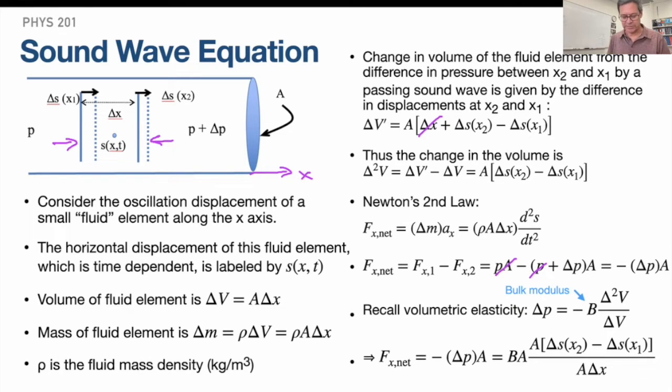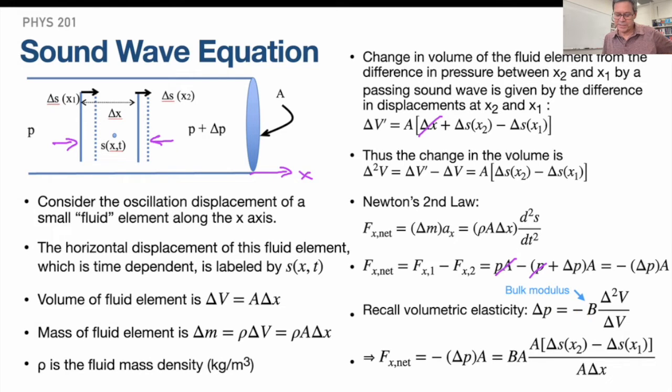That was, if you like, the left side of Newton's second law, which depended on the pressure change times A. So the net force acting on my element of fluid was minus delta P times A. And on the right side should be another minus. Well, this was the net force, and the delta P here is negative.